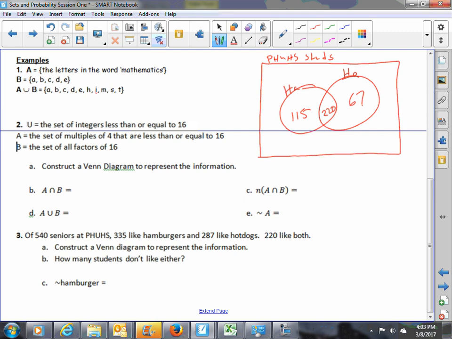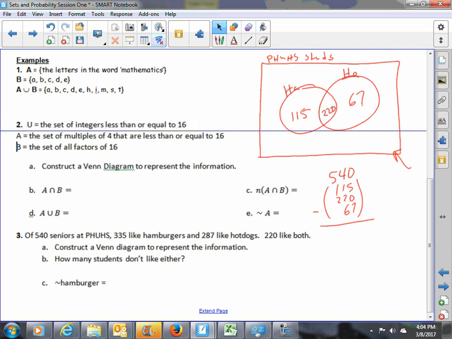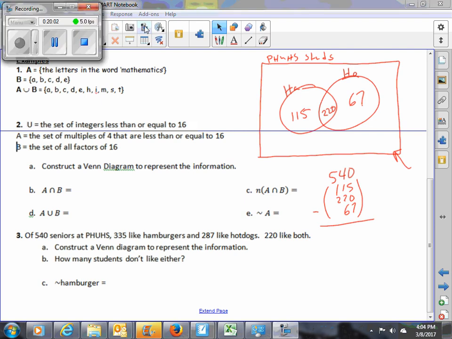Now, the other question is what goes in this rectangular part right here? Well, there's a total of 540 students, and if we subtract the sum of 115, 220, and 67 from those, we will get the number of students that like neither. Now I'm looking here and I don't see a calculator, so please bear with me for a moment while I pull up the calculator.